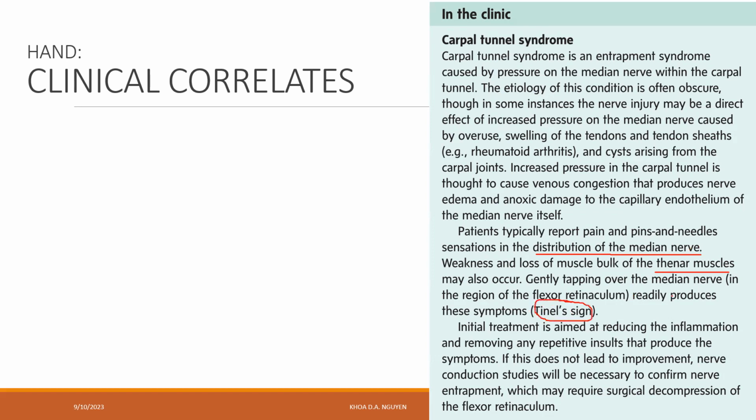Okay, and the treatment for carpal tunnel syndrome is going to depend on the stage of the disease. If you are in an early stage, you can take anti-inflammatory medications.